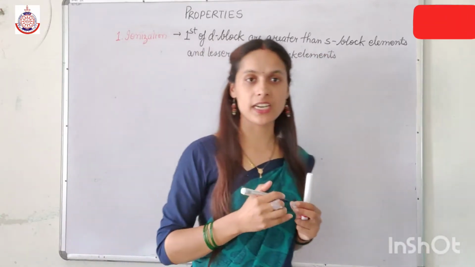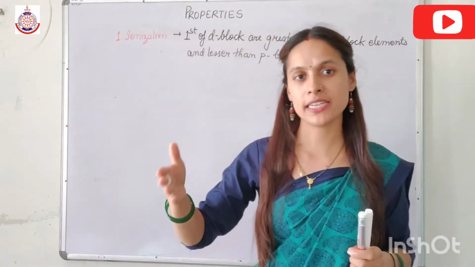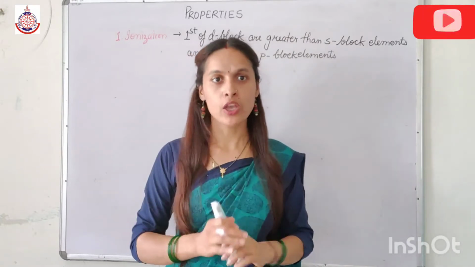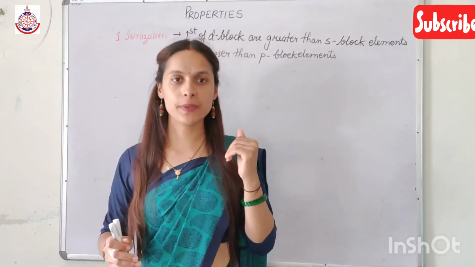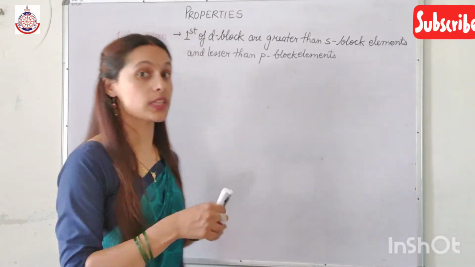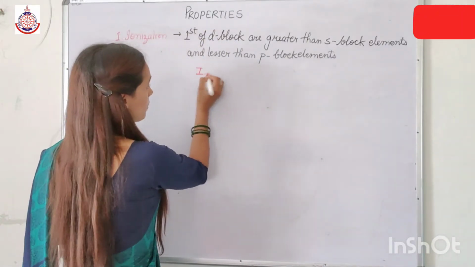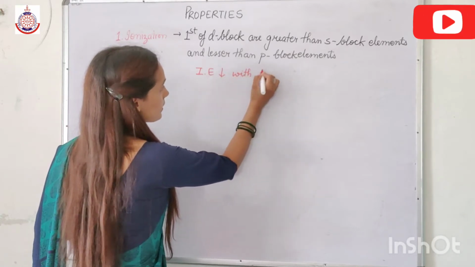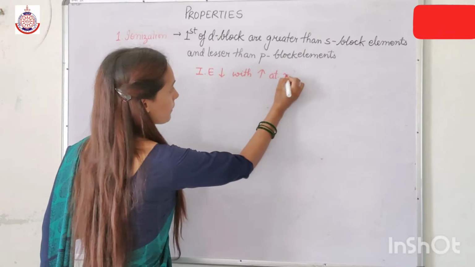If we talk about a particular transition series, or a particular period, when we move left to right in a period, first we have S block, then D block, then P block. So when we move left to right in a period, the ionization enthalpy increases with increase in atomic number.